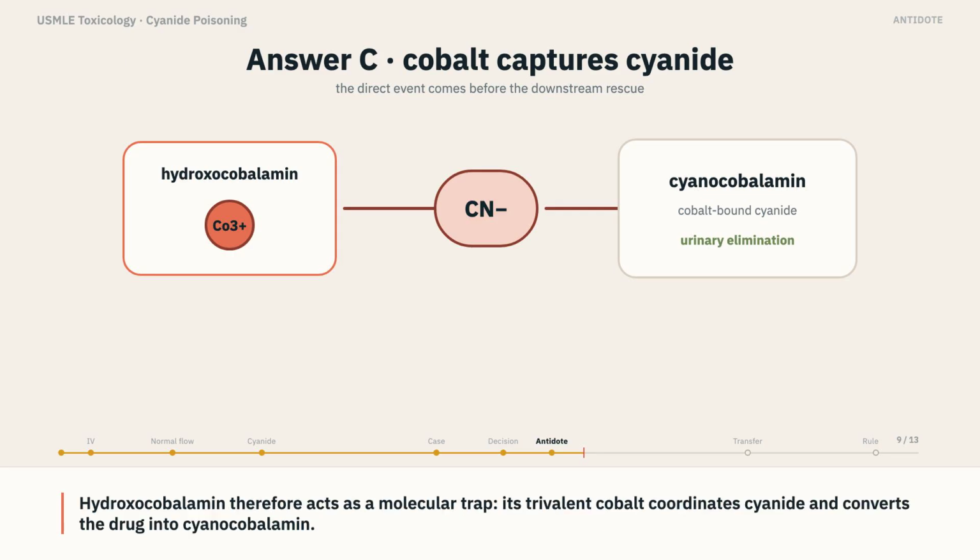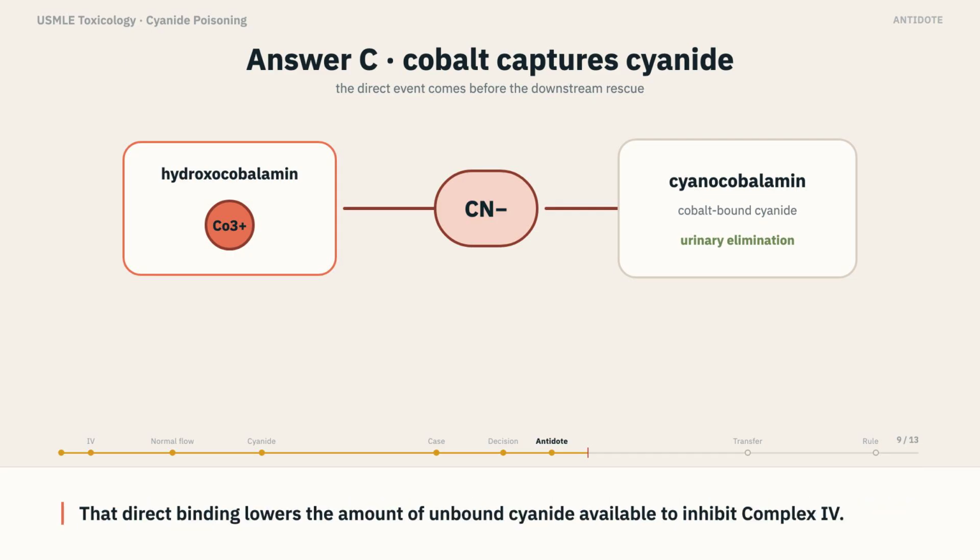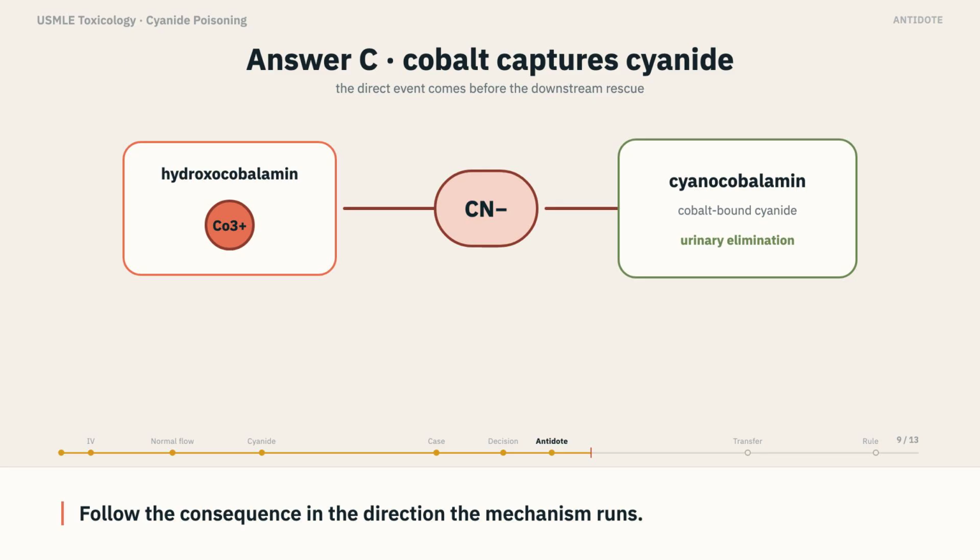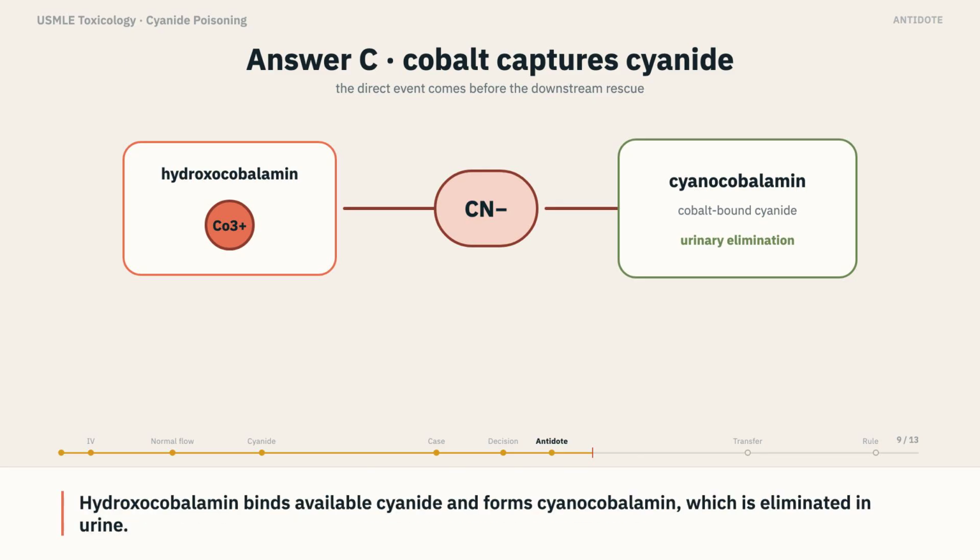Hydroxocobalamin therefore acts as a molecular trap. Its trivalent cobalt coordinates cyanide and converts the drug into cyanocobalamin. That direct binding lowers the amount of unbound cyanide available to inhibit complex 4. Follow the consequence in the direction the mechanism runs. Hydroxocobalamin binds available cyanide and forms cyanocobalamin, which is eliminated in urine.